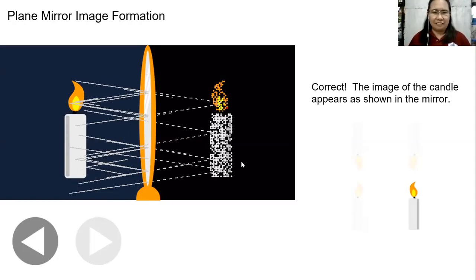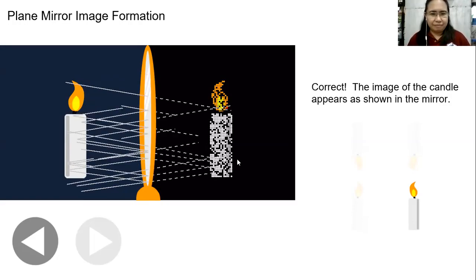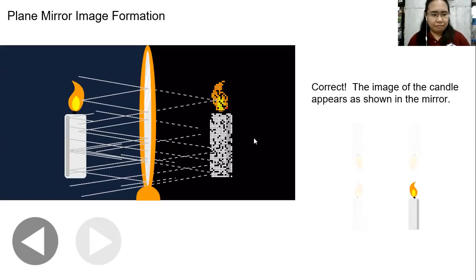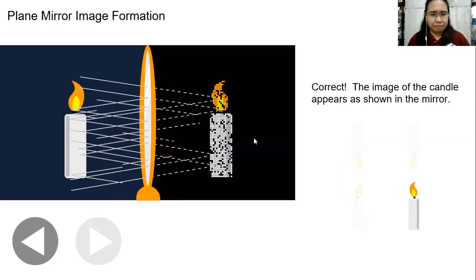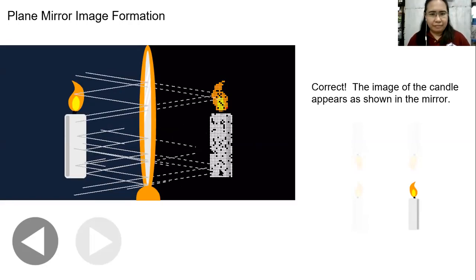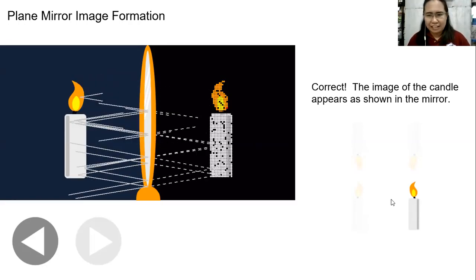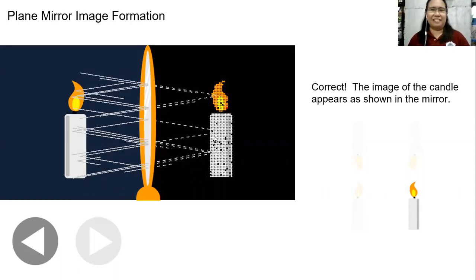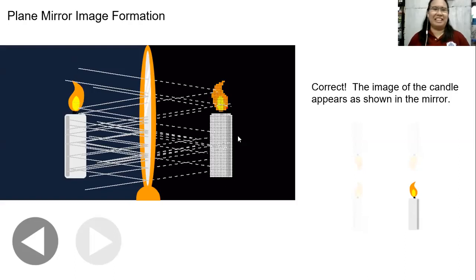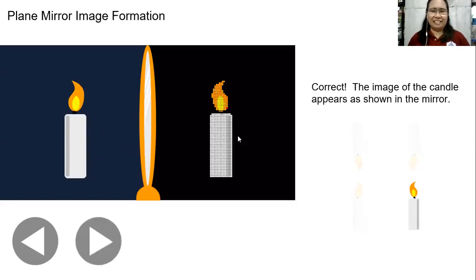Ayan, tingnan natin. Okay, so yun, tama ang ating answer. Okay, so that is for the first activity. So the image of the candle appears as shown in the mirror. Okay, so that is for plane mirrors.